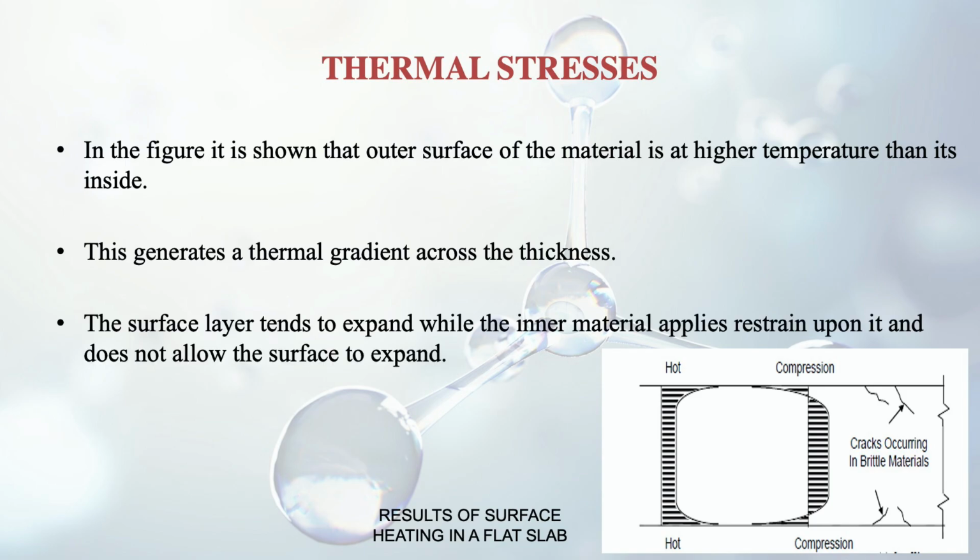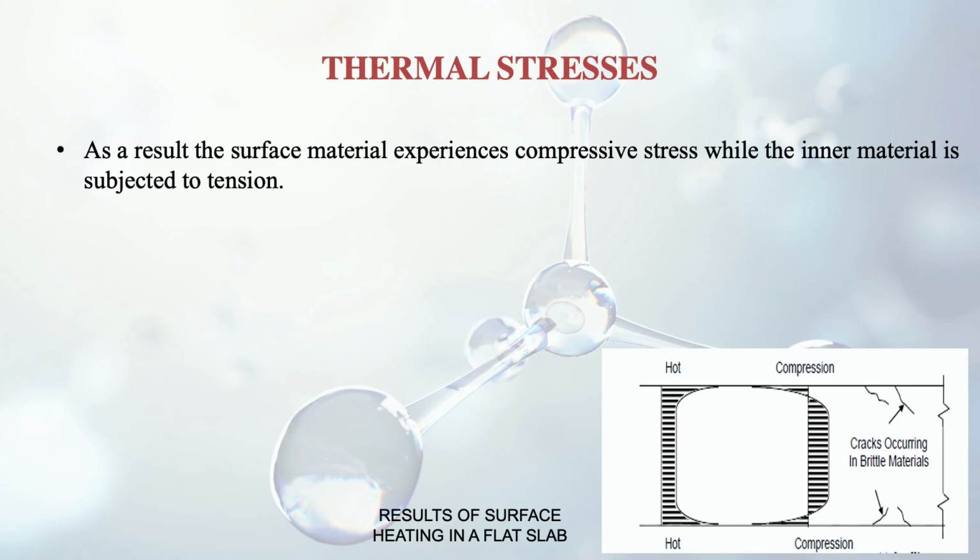The surface layer will try to expand, while the inner material will try to apply a restraint on the outer material. So it doesn't allow the surface to expand, and due to this, stress will come in. The surface material will experience compressive stress because the inner one is trying to push it, whereas the inner one will experience tension because the outer one is pulling it.